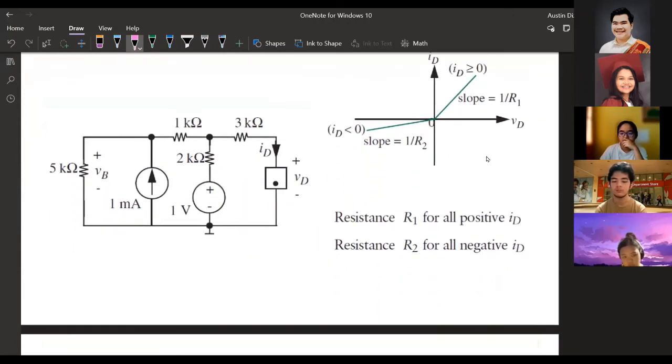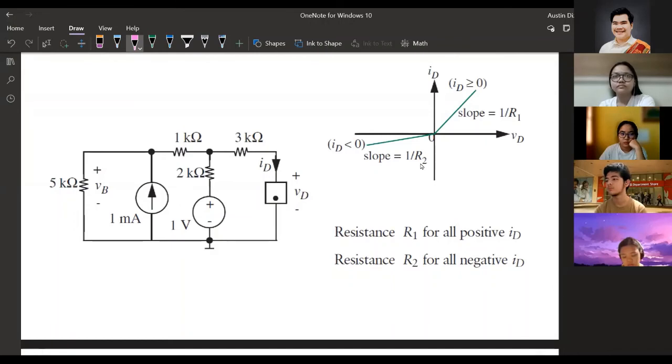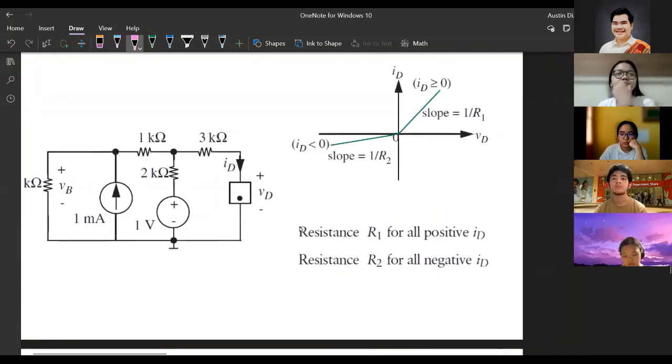Siyempre, pwede mo rin tingnan in terms of current. So, yung positive current would correspond to R1, and then negative current would correspond to R2 na resistance. Okay?